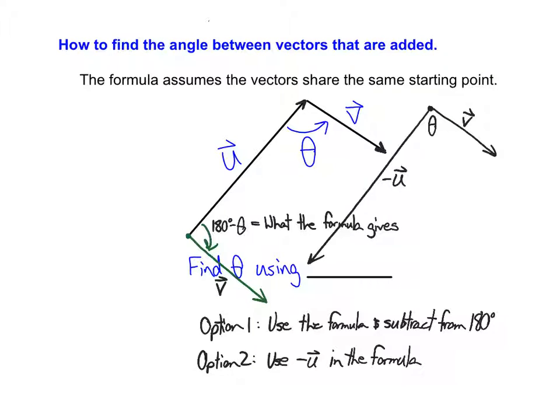Here it was u plus v, so you would do negative u. If it was v plus u, you'd do negative v. And remember, vector addition is commutative, so it actually doesn't matter which one you make negative. I could have done negative v in the formula. That would work as well and give you the same thing.